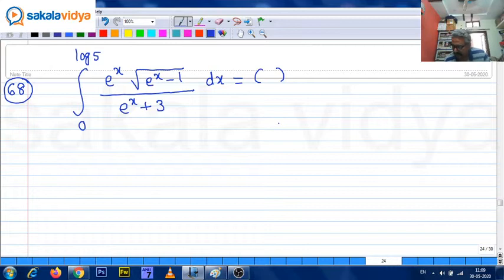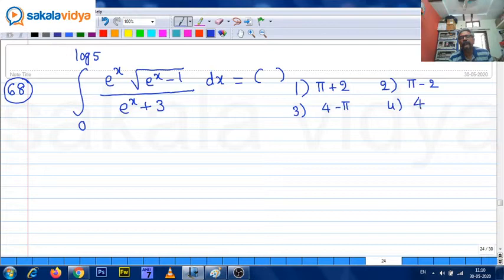Yes, you need to change the limits, I told. First option pi plus 2, second option pi minus 2, third option 4 minus pi, fourth option 4 plus pi. This is the question.